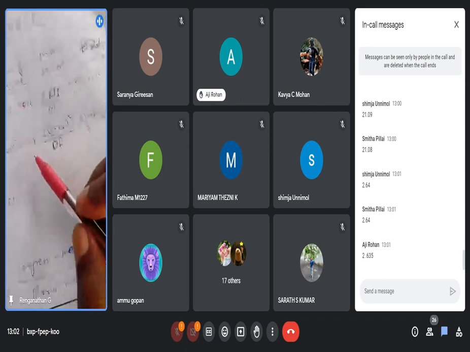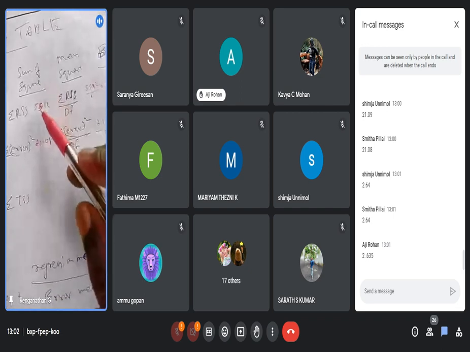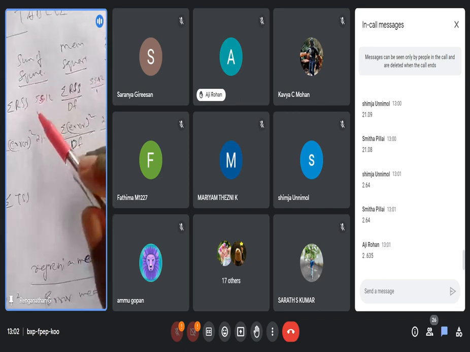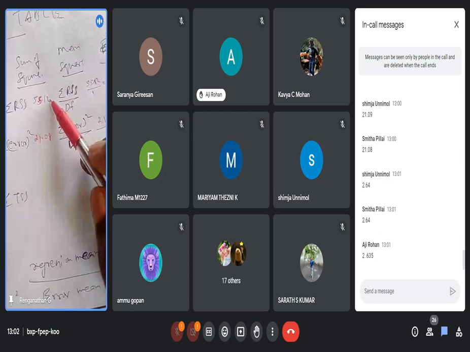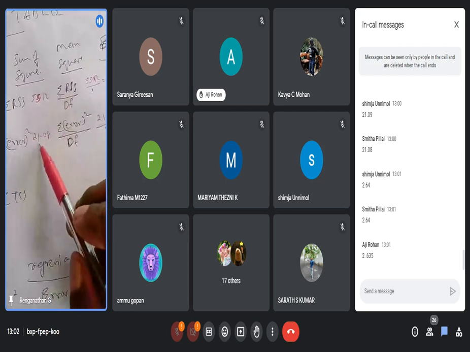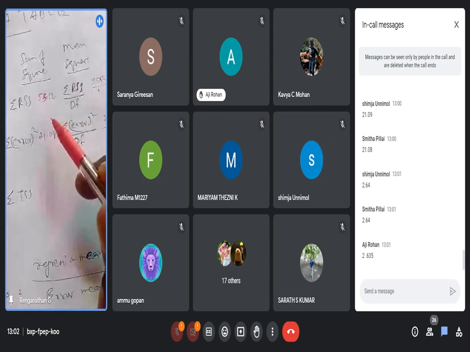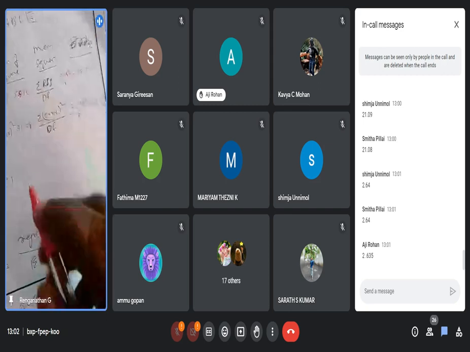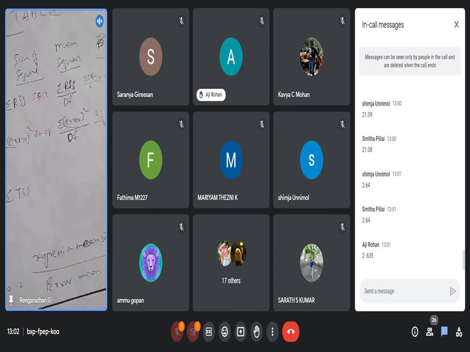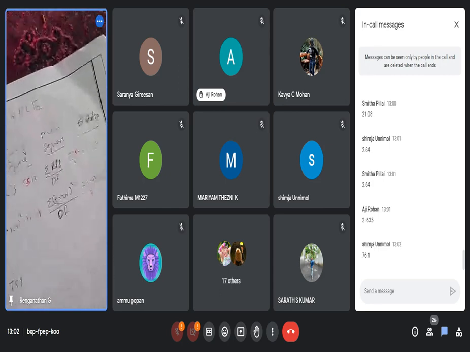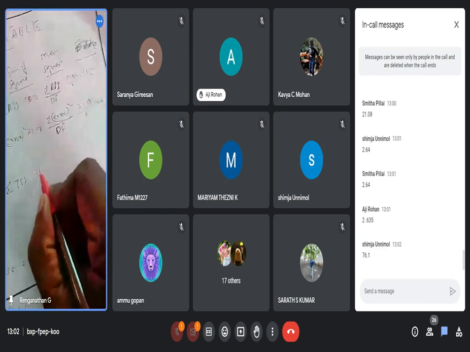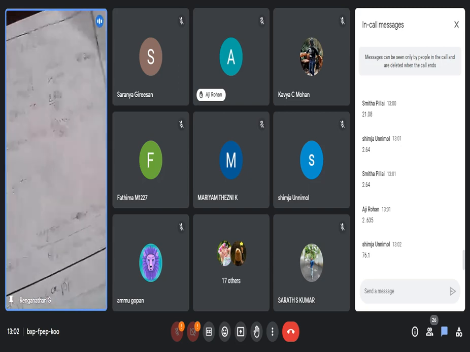It's simple. Then come to the sum of square column. Here the sigma RSS is 55.12 and the error square is 21.08, isn't it? Total these two figures, 55.12 and 21.08. It is 76.1.